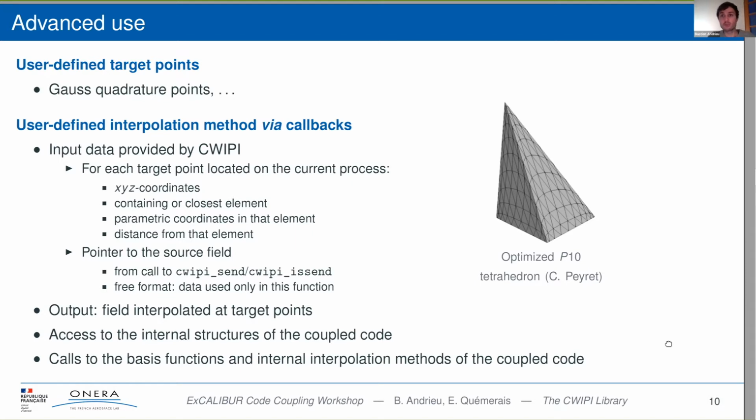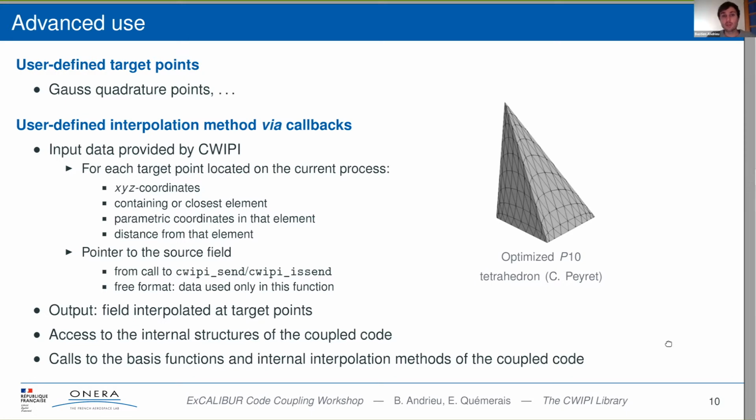So if you don't want to use mesh nodes or cell centers, or if you have high order mesh elements with unevenly spaced quadrature points, such as Gauss-Lobatto or whatever, CWIPI provides a set of functions to customize your query points for interpolation.